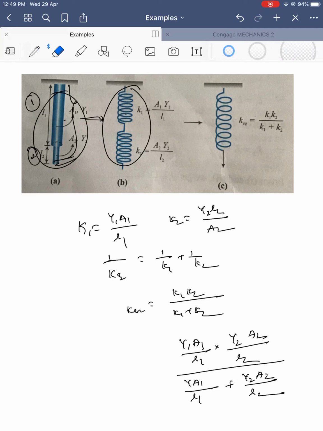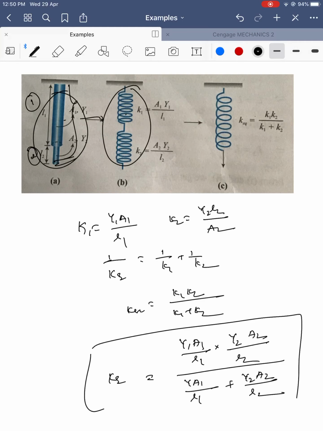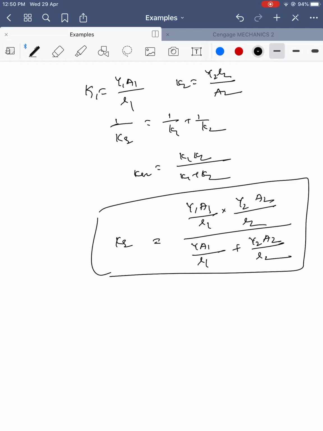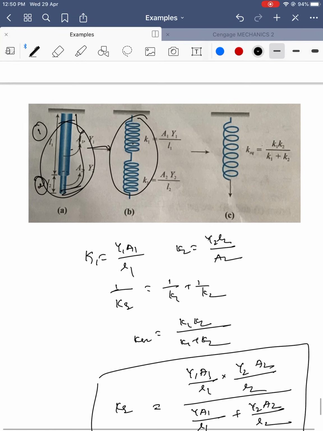Okay, this is K equivalent. When we write K equivalent, there is one more term that comes into the picture: equivalent Young's modulus. So listen to this carefully.